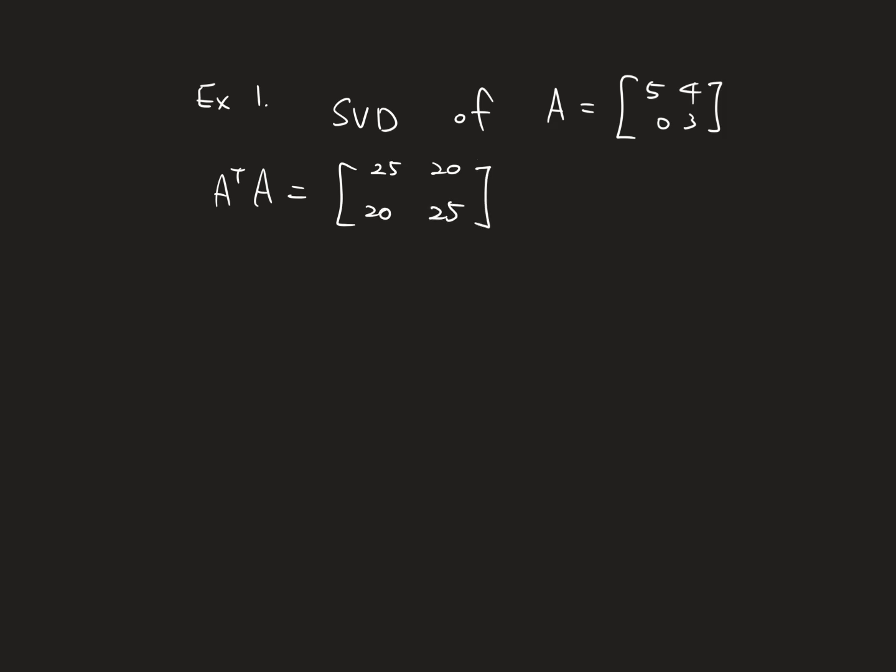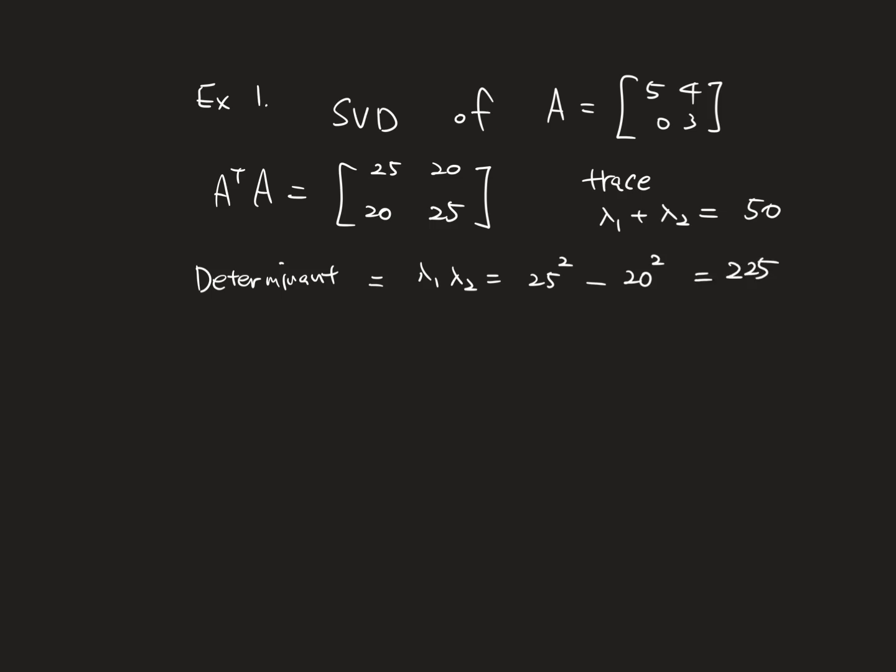As you can see, this is a symmetric matrix, and the trace is the sum of the eigenvalues, or the sum of the diagonal entries, which is 50, and the determinant of it is lambda 1 lambda 2, which is 25 squared minus 20 squared, which is 225.